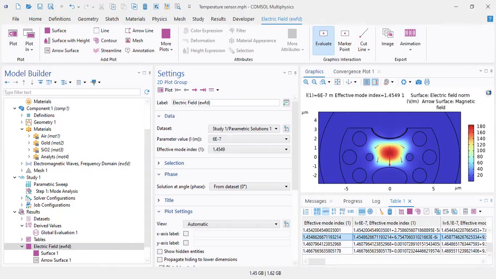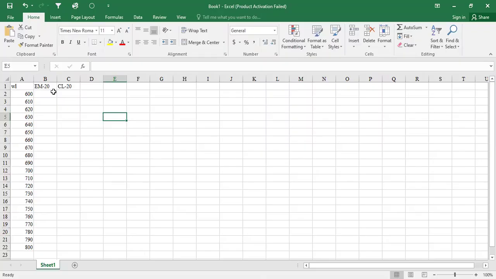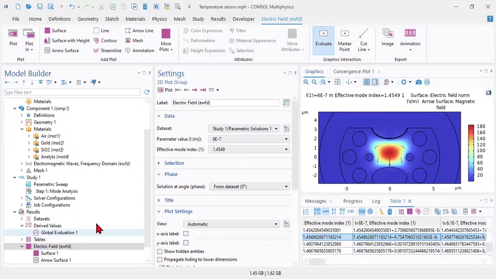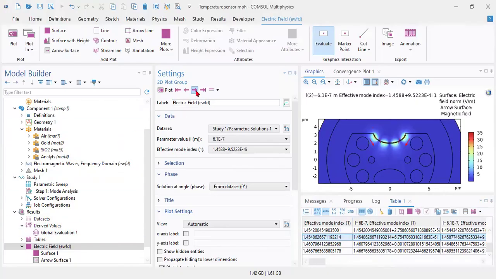Then you have to go to the Excel file. This is actually the effective mode for 600 nanometers. Then Control V. So we collect the data for 600 nanometer and then for 610 nanometer. For 610 nanometer, this is not the mode actually.